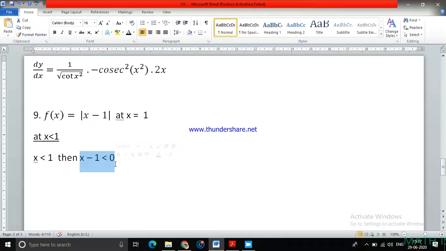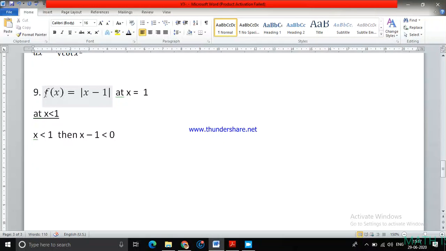That means a negative number. So if you remember the mod x definition, if x is less than 0, mod x is going to be minus x. So for x minus 1, this function f of x is going to change as f of x equals minus of x minus 1.